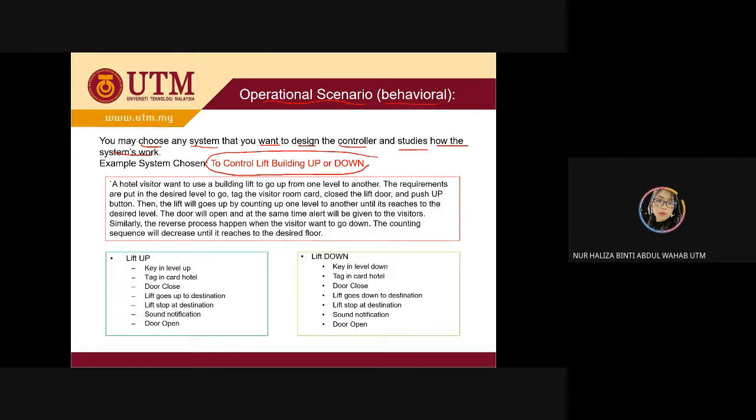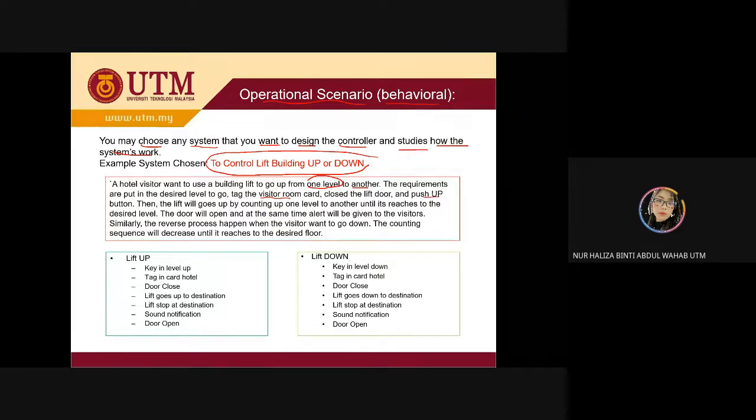You can read here, a hotel visitor wants to use a building lift to go up from one level to another. The requirements are to put in the desired level to go. Tag the visitor room card, choose the lift, because normally our visitors will have numbers, right? Numbers of rooms.